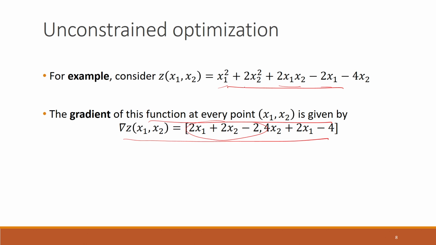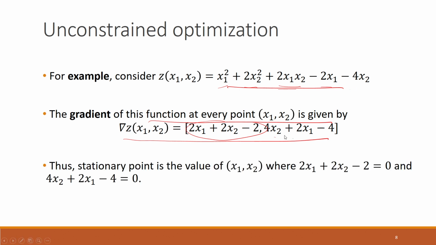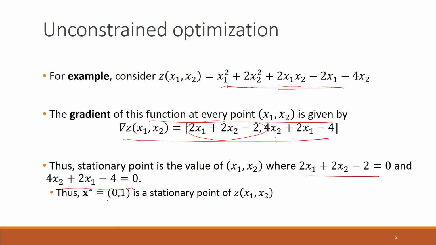Similarly, we will get 4x2 here, then 2x1 from here and then minus 4. Now each of these two terms has to be equal to 0. So we equate this to 0 and we equate this to 0. When you solve both of these equations, we get that x star equal to 0 comma 1 is the stationary point of this function.